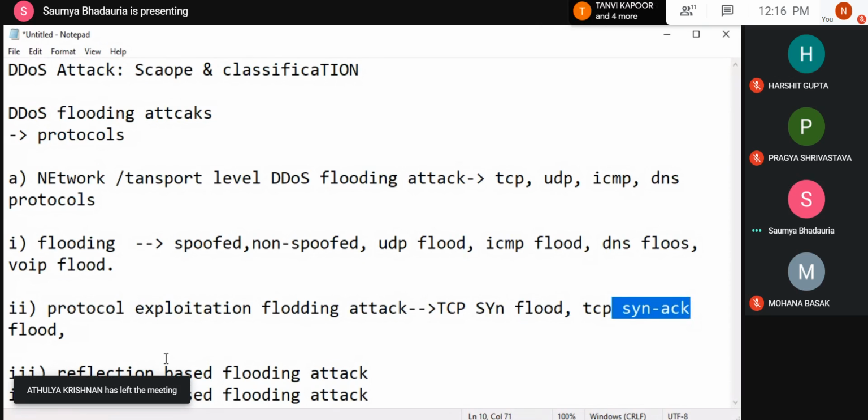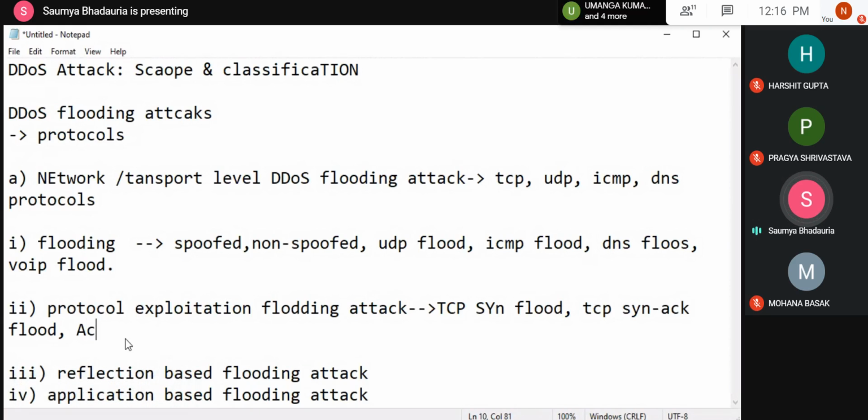packet. Clear? The other ways can be, I guess you would have heard about ACK and push ACK flood. Where are these packets used? ACK and push ACK. Any idea?